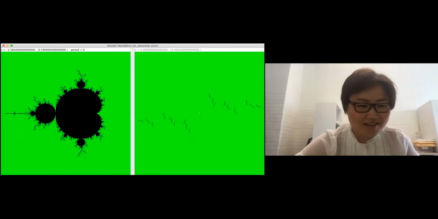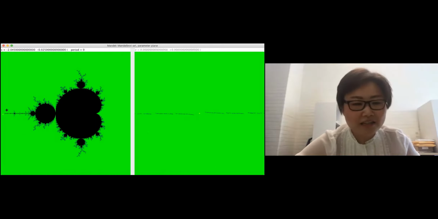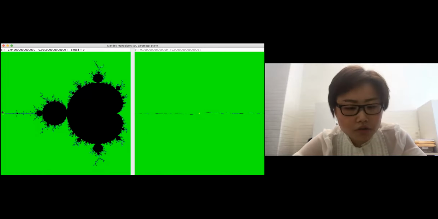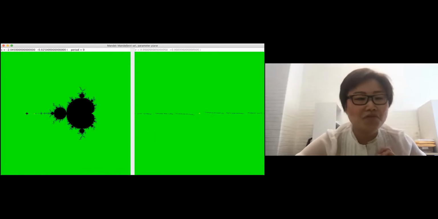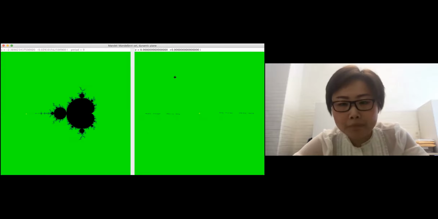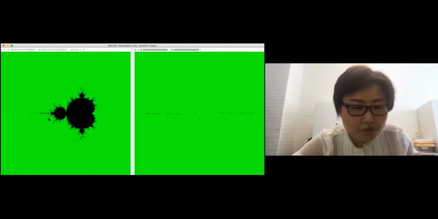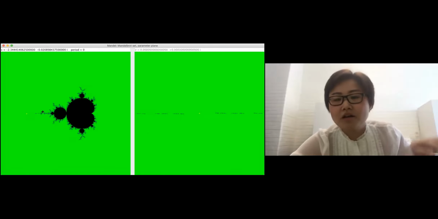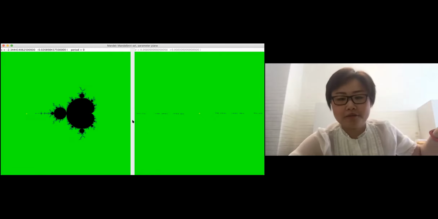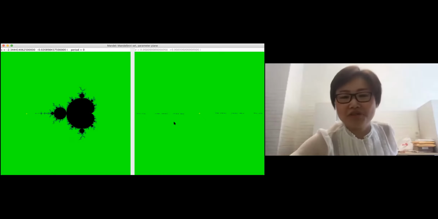So the Julia set, if I pick a parameter here, this is a Cantor set, and this Cantor set is contained in the real line. So it's just like a middle third Cantor set.